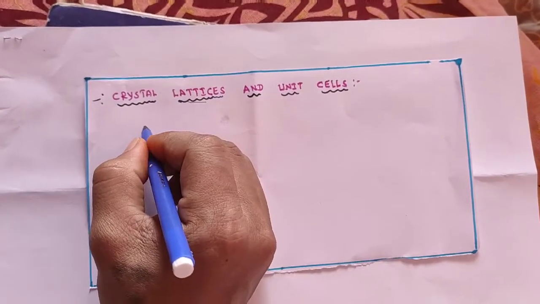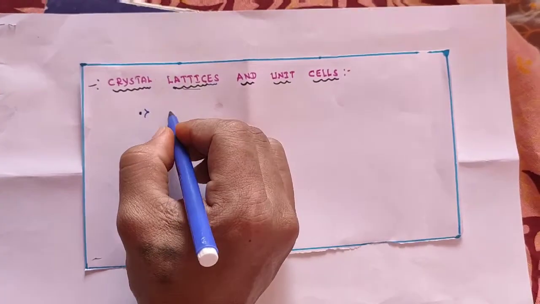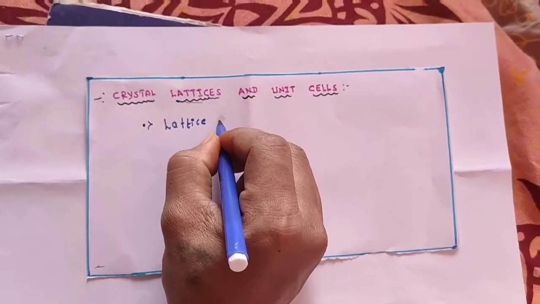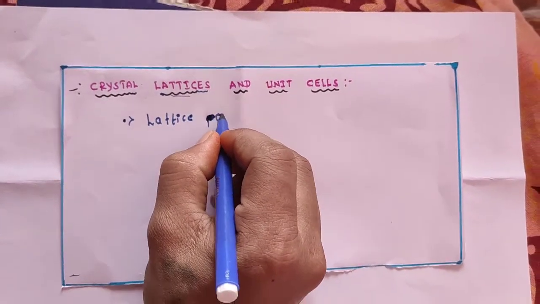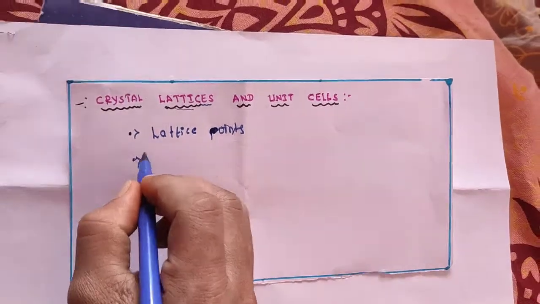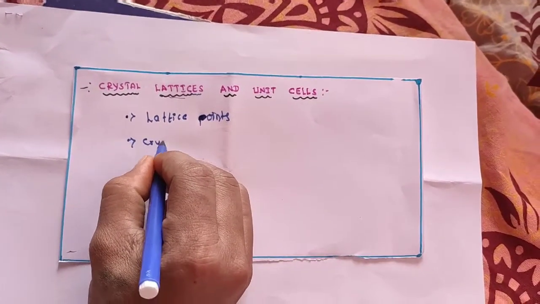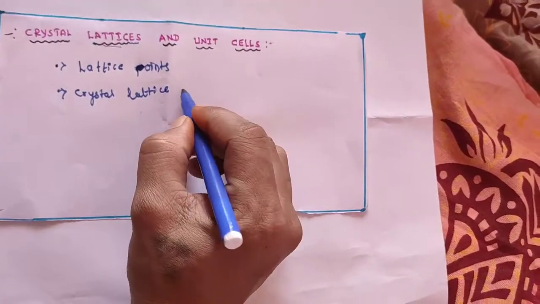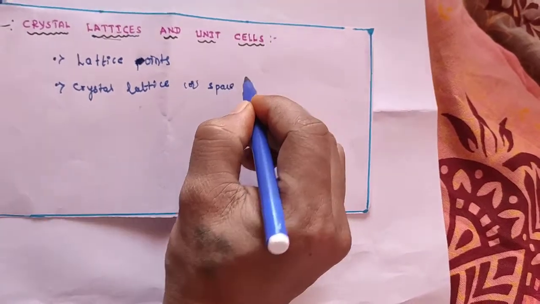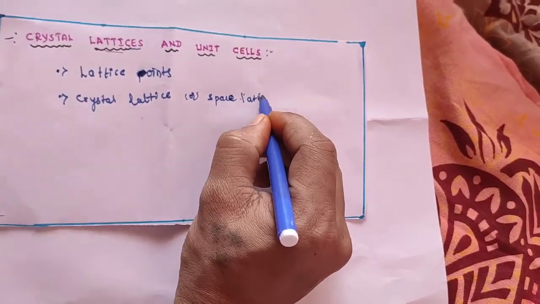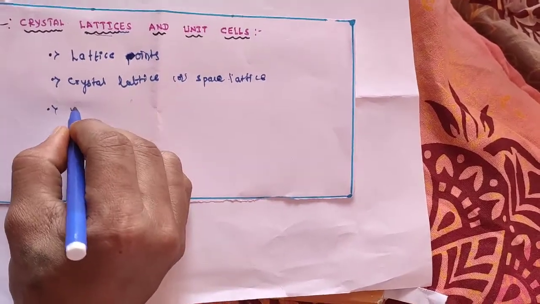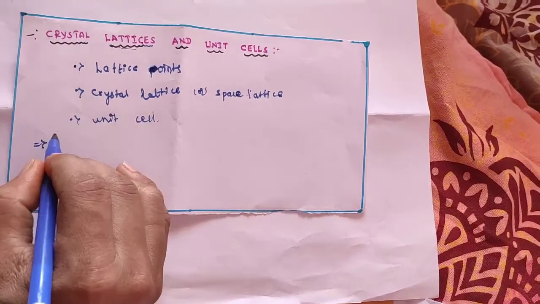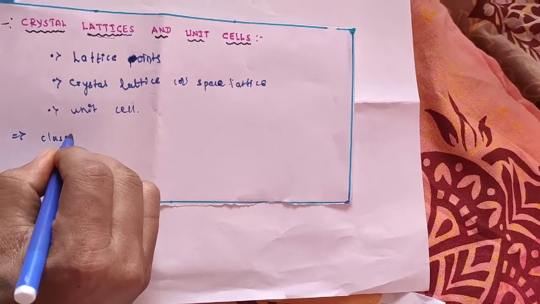In this concept we have to know some points like lattice points, crystal lattice, also known as space lattice, unit cell, and another concept here, classification of unit cells.